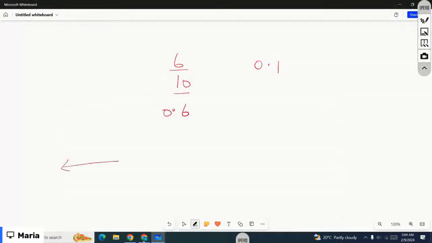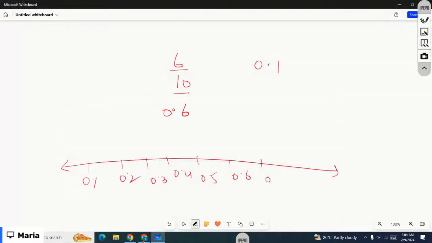Now you can draw 0.1 and 0.6 on the same number line. Here is 0.1 and here is 0.6. You need to see which one is closer to 0. So which is the correct option?